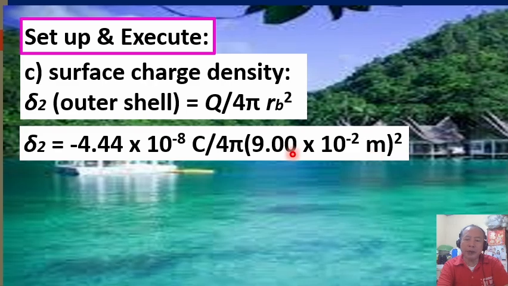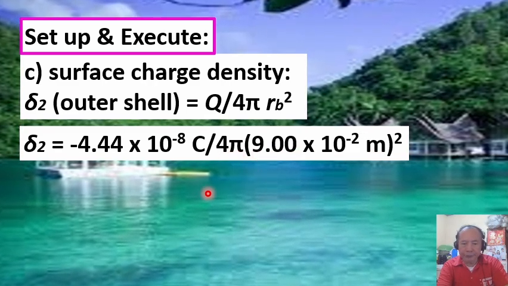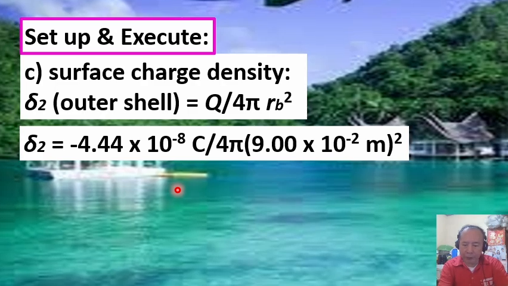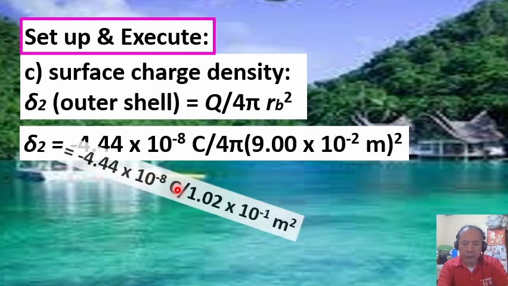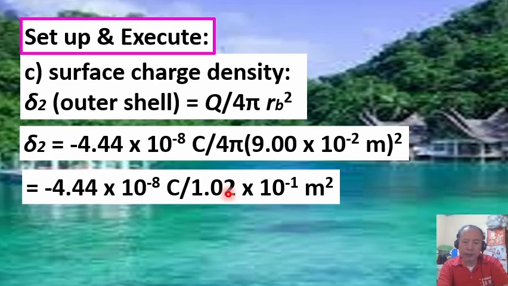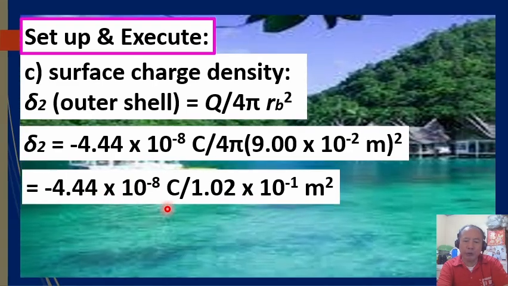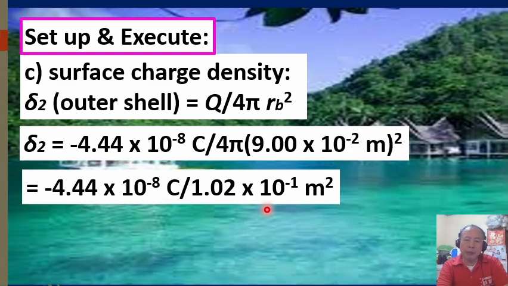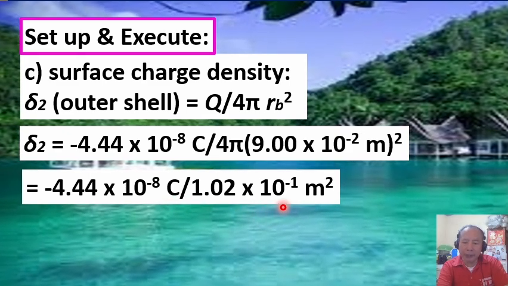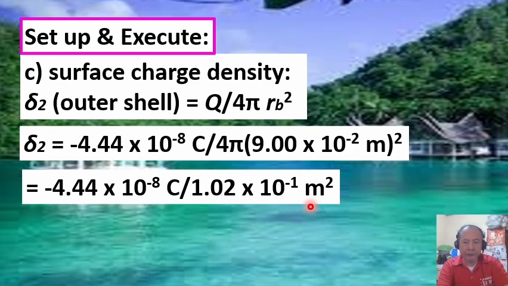4 pi, we get, or that is simplified first to negative 4.44 times 10 to the negative 8 coulomb, then divided by 1.02 times 10 to the negative 1 meter squared.